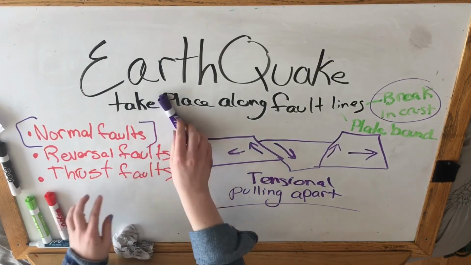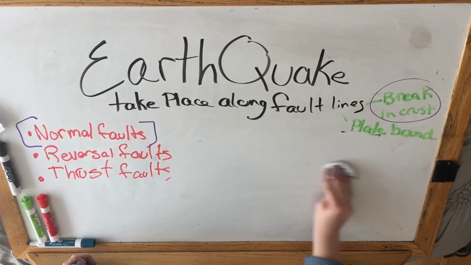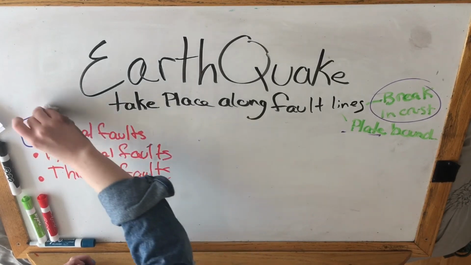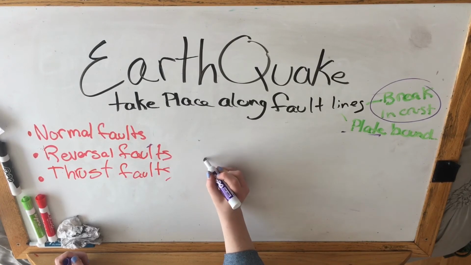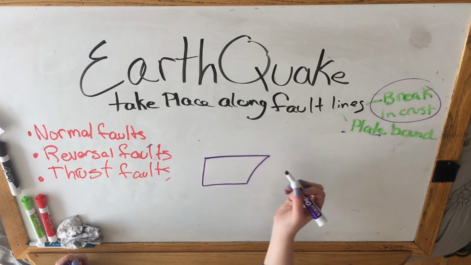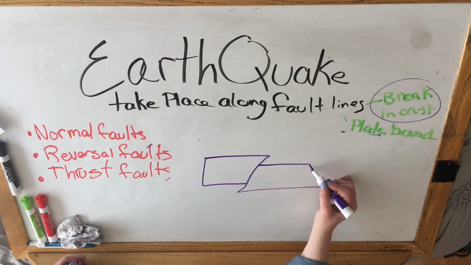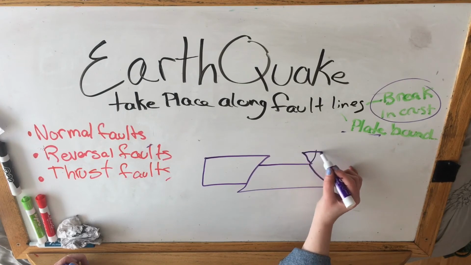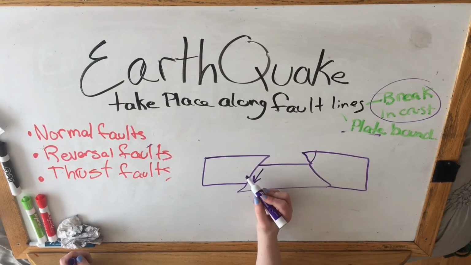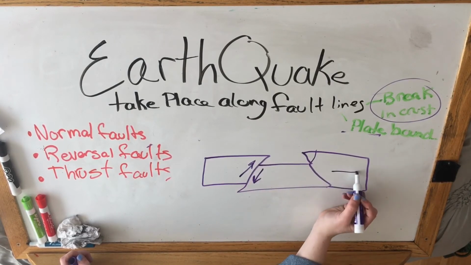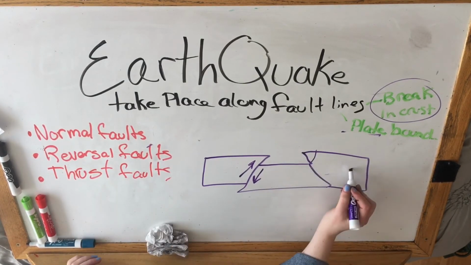Next, we're going to be talking about reversal faults. As self-explanatory as it can be, it is the opposite of a normal fault. So you have your piece of ground here, then you have a piece of earth falling downwards, and you have your other piece here. So this is going downwards as well, and this is going upwards, and this is being pushed in, opposite of the normal fault.